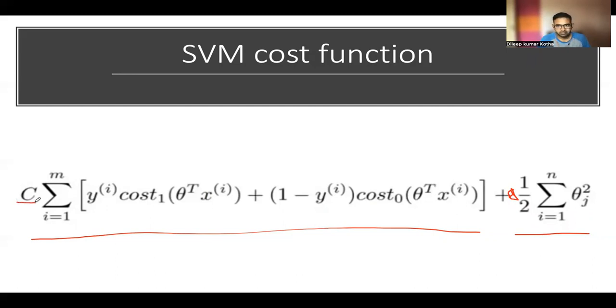So just assume this C as 1 by lambda. When you multiply by 1 by lambda, the regularization lambda goes away. So that's how we look at C.